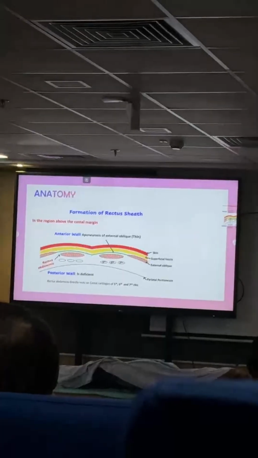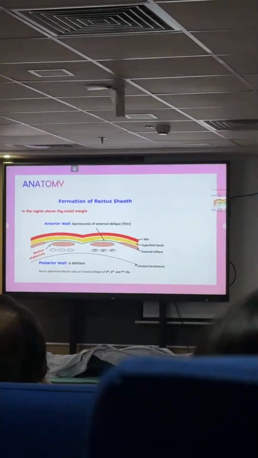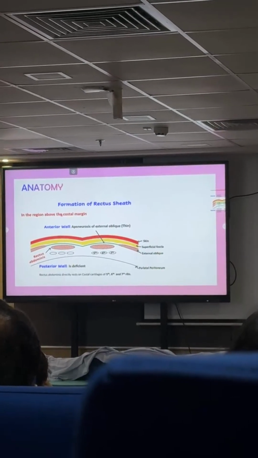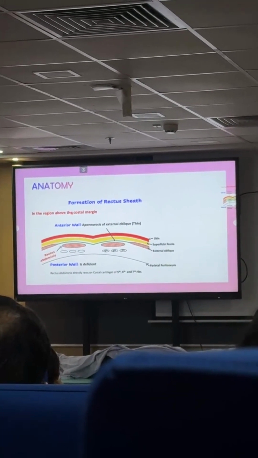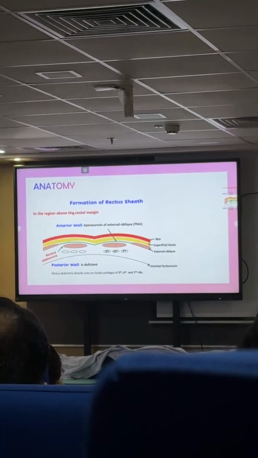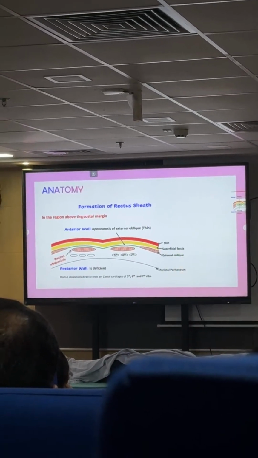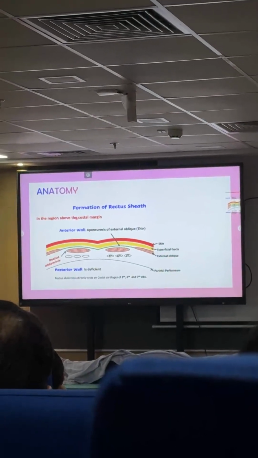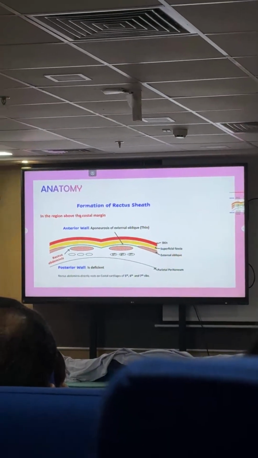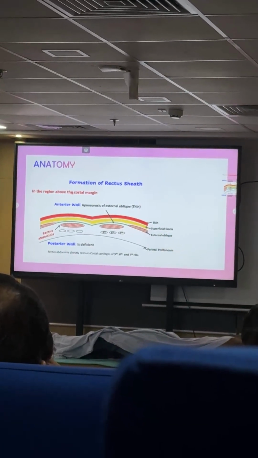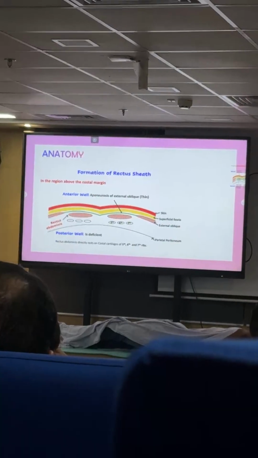If you look at the formation of the rectus sheath, it is at three places. One is the variation above the costal margin. Second is above the arcuate line, and third is below the arcuate line. So above the costal margin, it is the aponeurosis of the external oblique which forms the anterior wall, and the posterior wall is deficient.